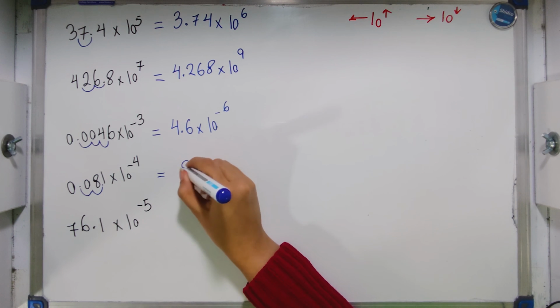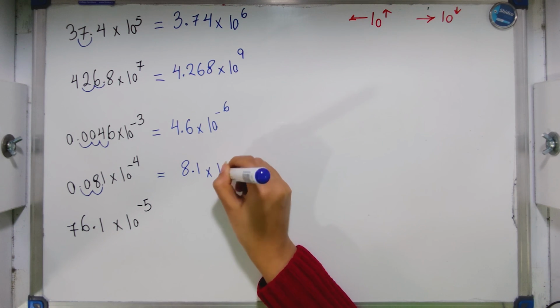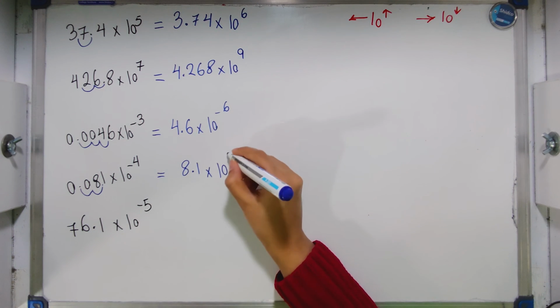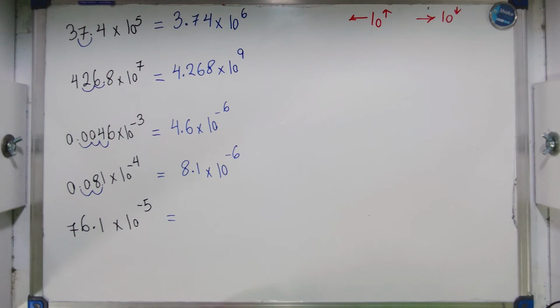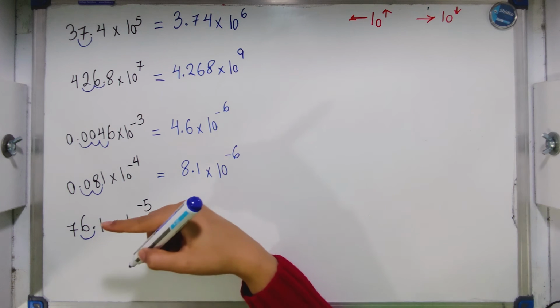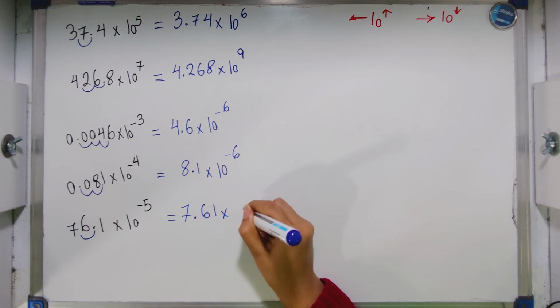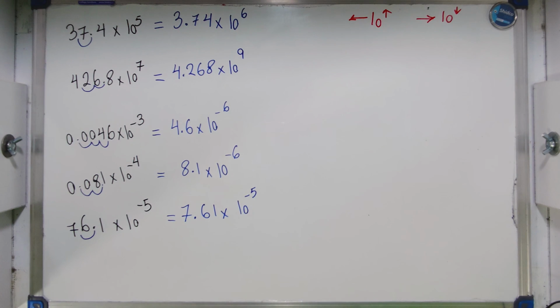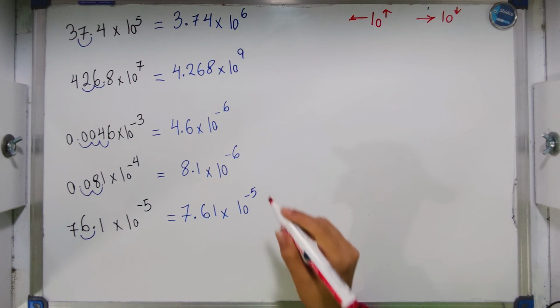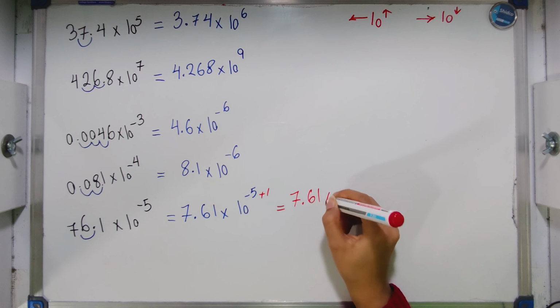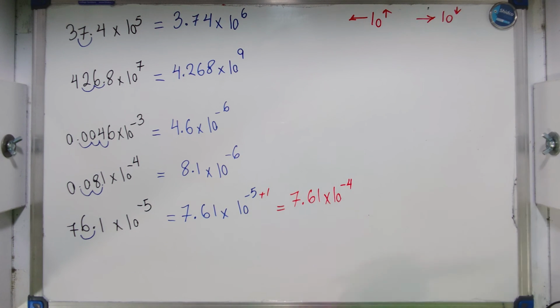It will be 8.1 times 10 power, 1, 2 digits toward the right, so I have to decrease the power of 10. It will be minus 6. And here I have to put the decimal between 7 and 6. It's moving toward the left. I have to increase the power by 1. So it will be 7.61 times 10 power minus 4.